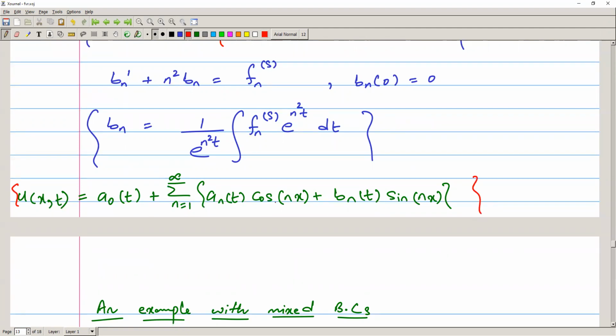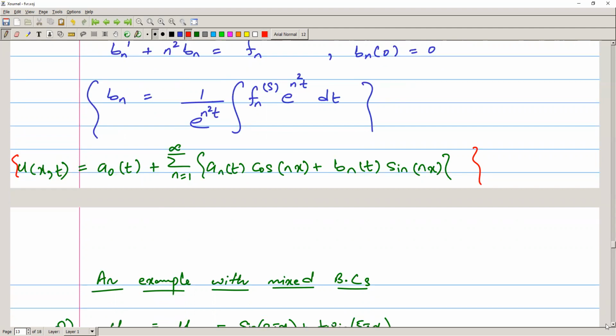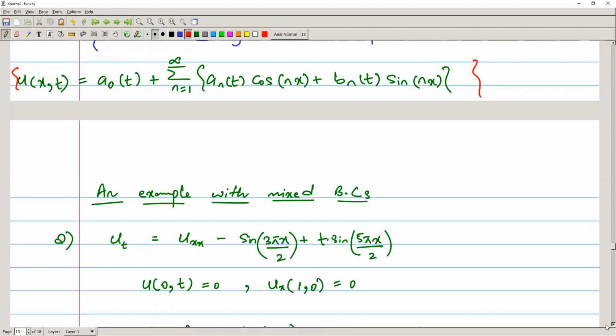That is the problem for Robin boundary conditions. So we see that for Robin boundary conditions, the general Fourier series is going to be used. And our previous practice in the problems was, particularly, to use cosine or sine series, right? But in this case, we are going to use the general Fourier series.